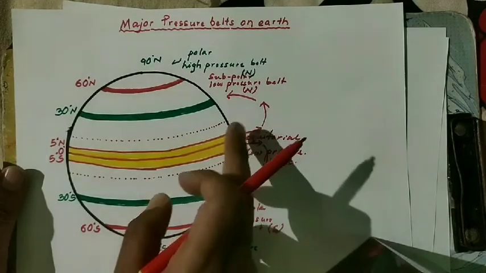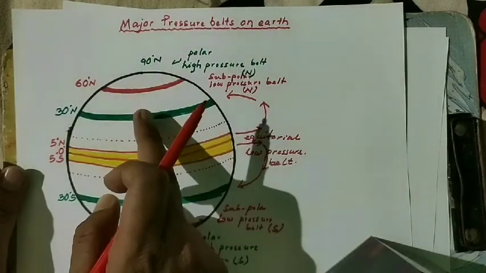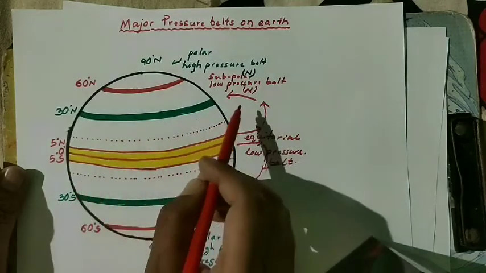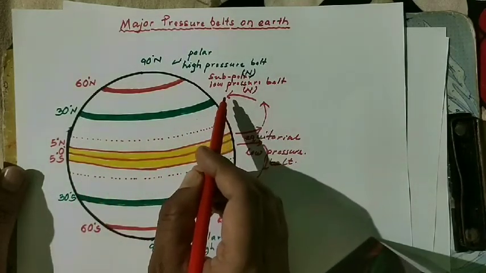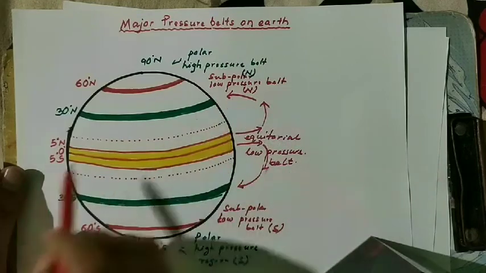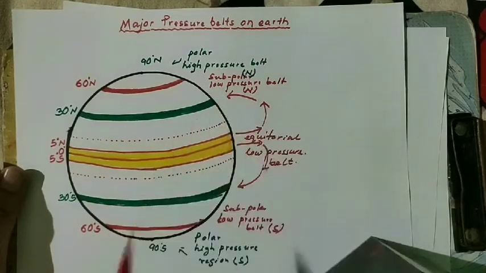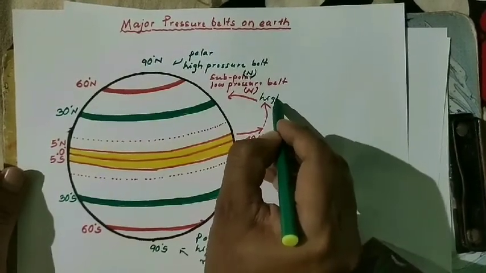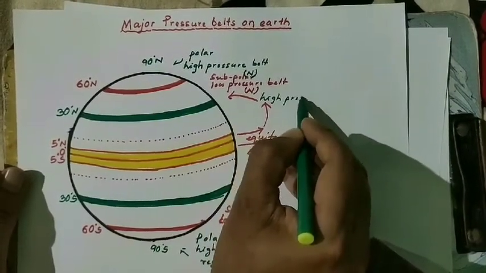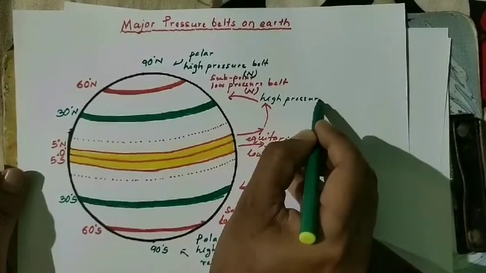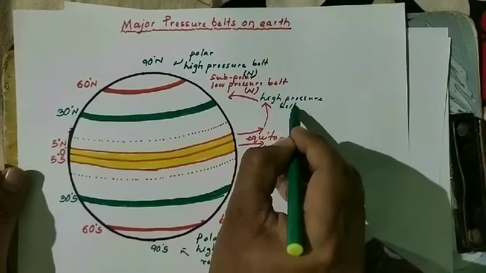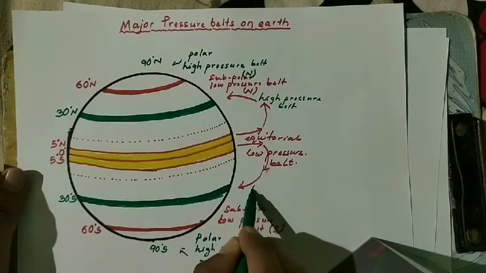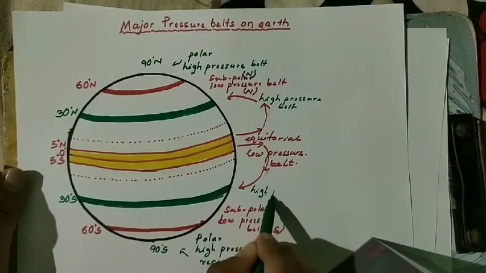In the 30 degree latitude north and 30 degree latitude south areas, the air gradually moves downward, becoming heavier, so it creates a high pressure belt in this region. High pressure belt in the 30 degree latitude area.